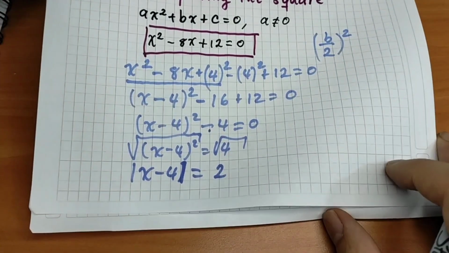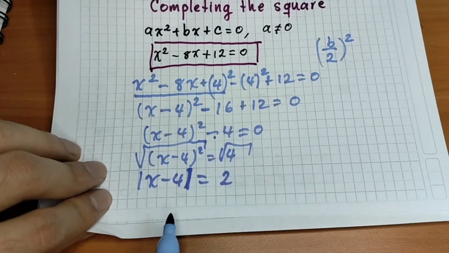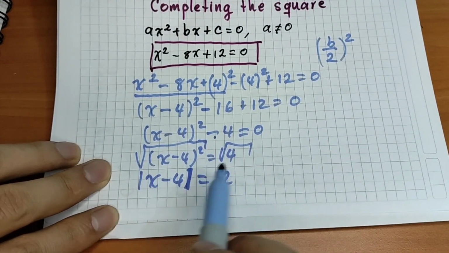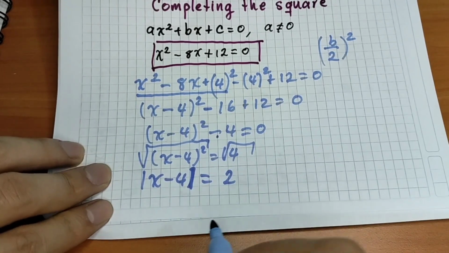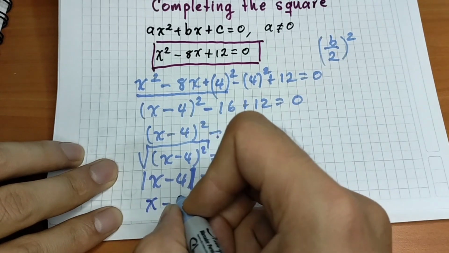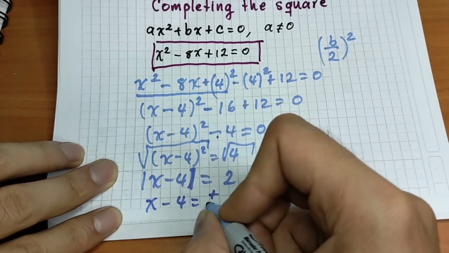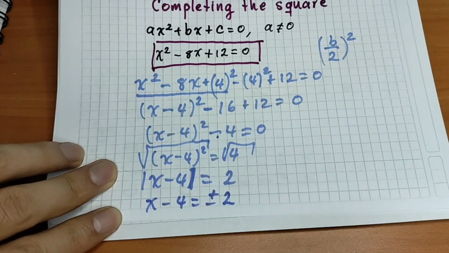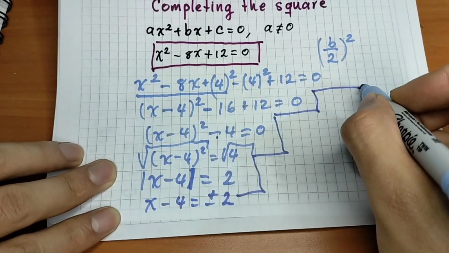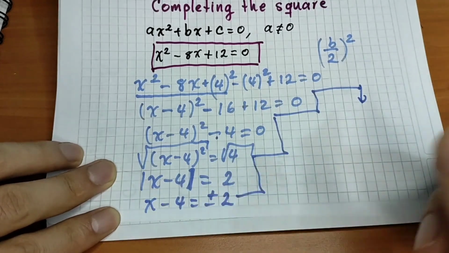Absolute value. This is absolute value. Now, knowing this, what I need to do at this point is get rid of these signs of absolute value. Doing that is easy because I have to write x minus 4 is equal to positive and negative 2. And now that I have this, in an additional final step I can clear the x.